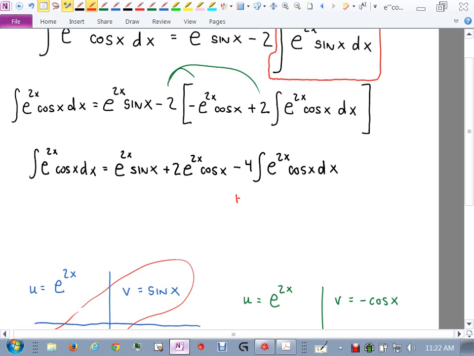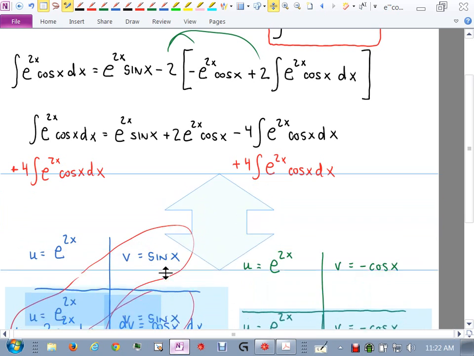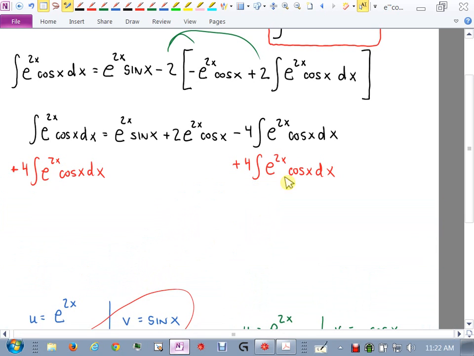I'm going to add 4 integrals of e to the 2x cosine x dx to both sides of the equation. Isn't that kind of clever? Now what will happen on the right side? They're gone, right?